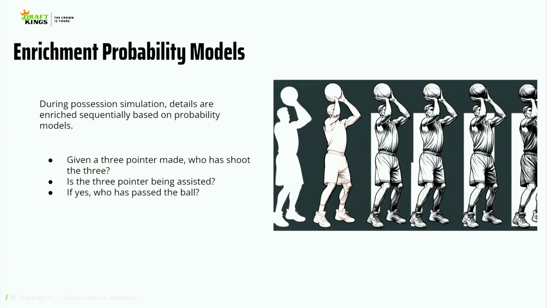That means we want to have a conditional probability of an assist given a three-pointer. If yes, then we will ask who is passing the ball. Of course, the player who passed the ball will not be the same as the player who shoots the ball, but you get the idea.